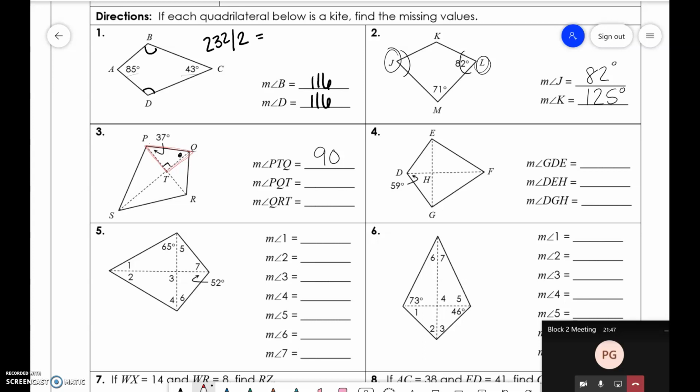So 180 minus 90 minus 37 gets us that angle of 53 degrees. And lastly, QRT is this angle here. We're going to use the fact that these angles are the same, so that angle is going to be 37, because it's the same part as the other one. Does that make sense?